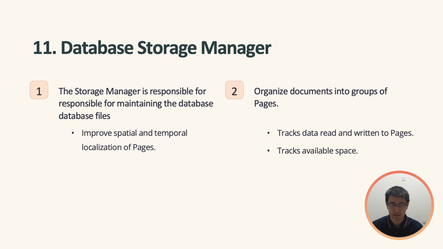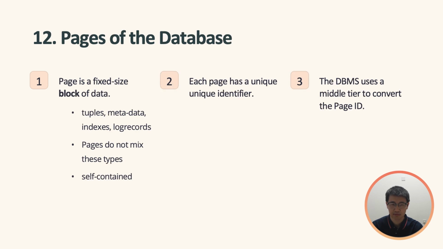Its main purpose is to improve the locality of pages in terms of space and time. It also tracks the layout of written data and available space. In essence, it's a central, pivotal component of a database. We can also see that a page is a fixed-size data block.